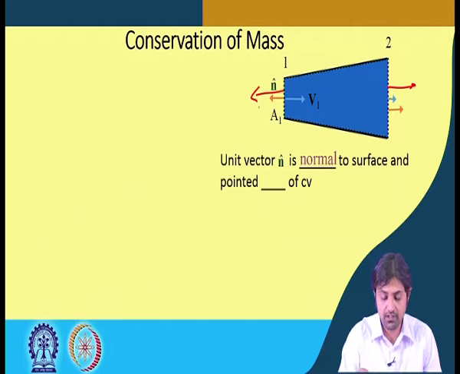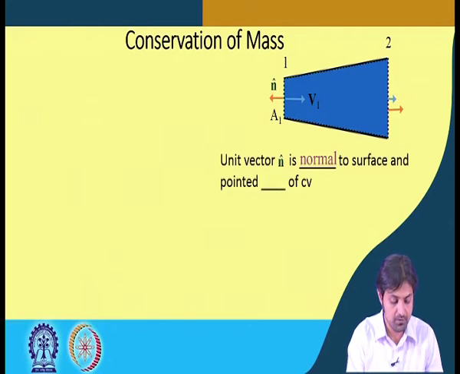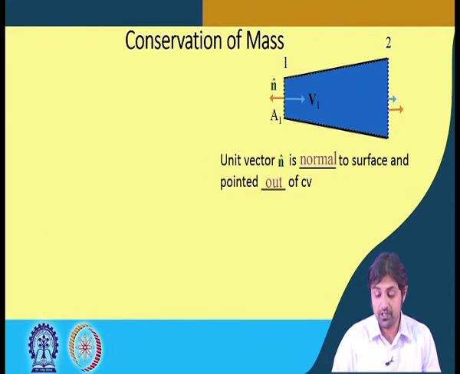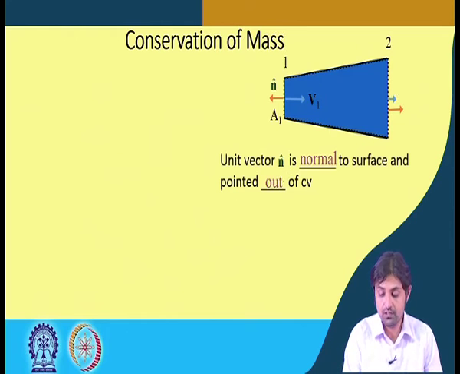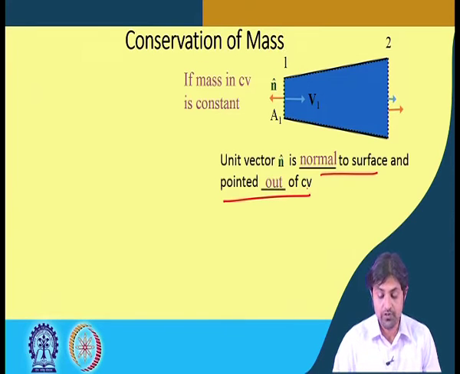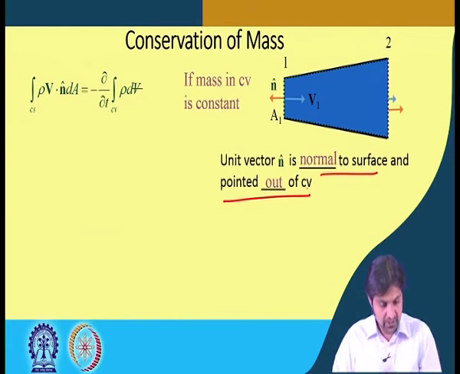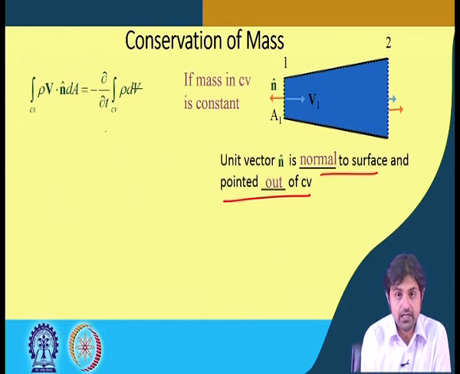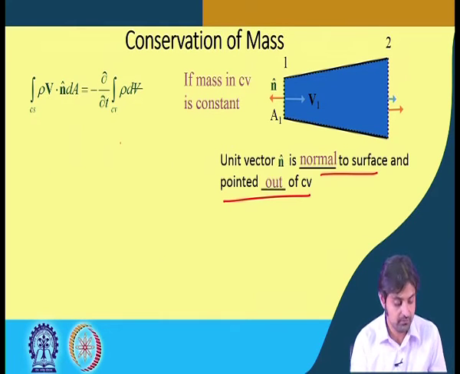As already indicated by the red arrow, so I'll rub this one off, the unit vector is pointed out of the control volume in both the cross sections, whether it is 1 or 2, normal to the surface and pointed out of the control volume. So if the mass in the control volume is constant, what we can say, integral of rho V dot n dA is equal to minus del by del t of integral of rho dV, okay, from the last slide.